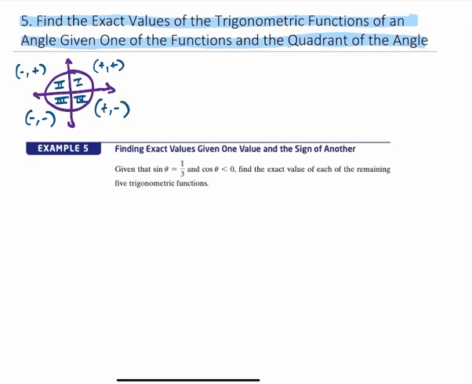So let's keep this in mind as we answer these questions. This might help us, if we identify which quadrant we're in, that'll help us determine maybe what the positive or negative value of our trig value should be.